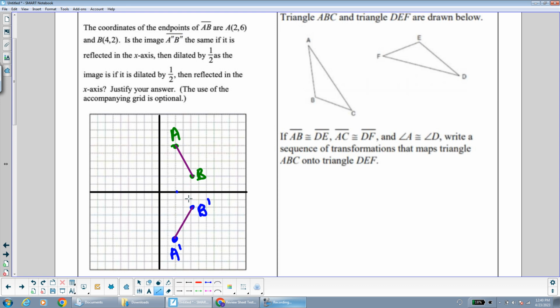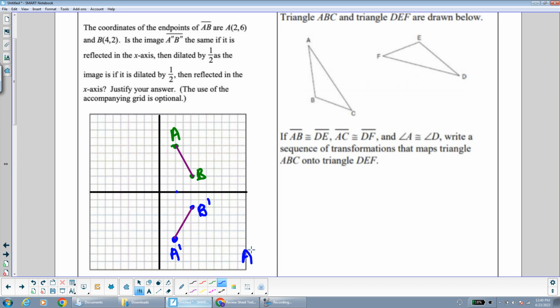Okay. And then a dilation by 1/2. Remember, if it doesn't tell us the center of dilation, it's assumed to be at the origin. So we can take each of these points and multiply them by 2. So 2, -6 would become 4, -12.